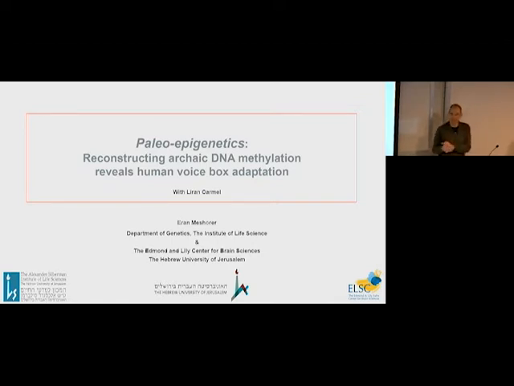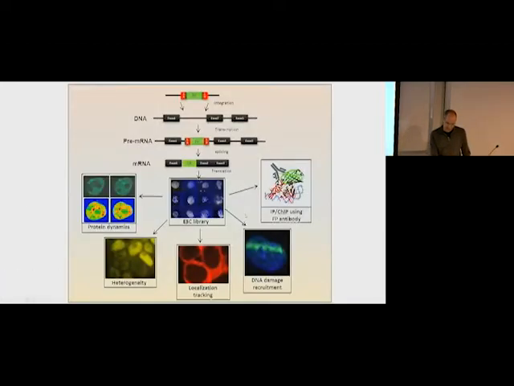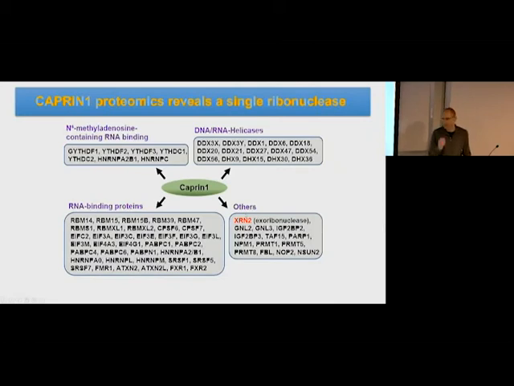Oh, okay. Please. So in the mass spec data, you mentioned and you showed that there are several YTH domain family proteins that probably interact with caprin, and those also have roles in RNA degradation. So are there any phenocopies, or at least transcript half-life? That's a better established role for this.